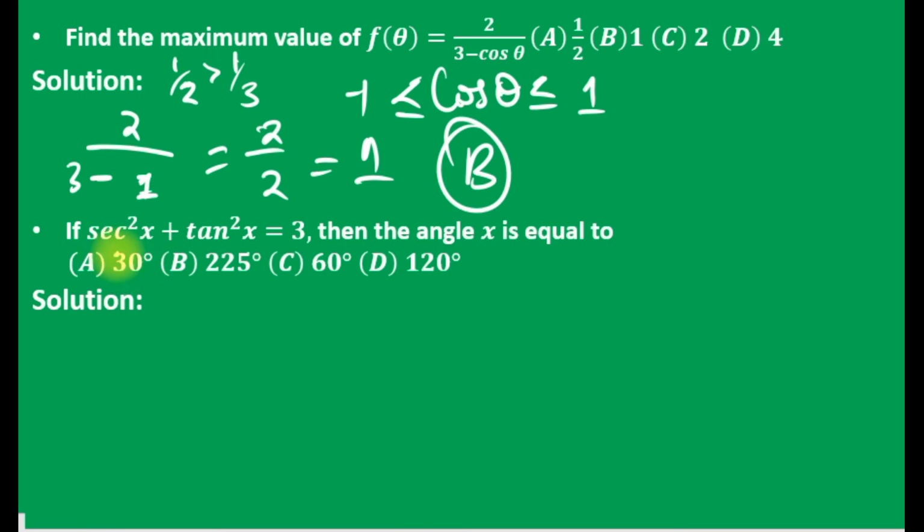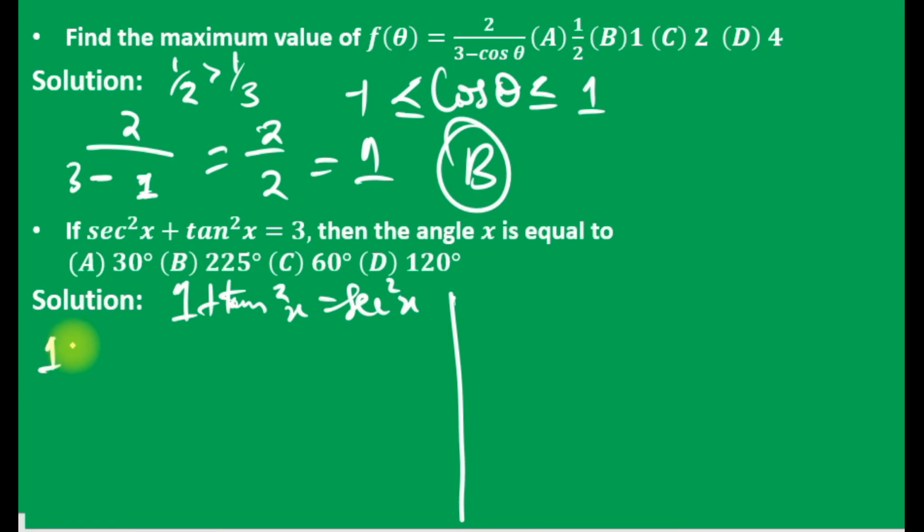So the next question: if sec squared x plus tan squared x equals 3, then the angle x is what? Okay, sec squared, remember that 1 plus tan squared is sec squared. So I'm replacing sec squared with that. So I have 1 plus tan squared x plus tan squared x equals 3.